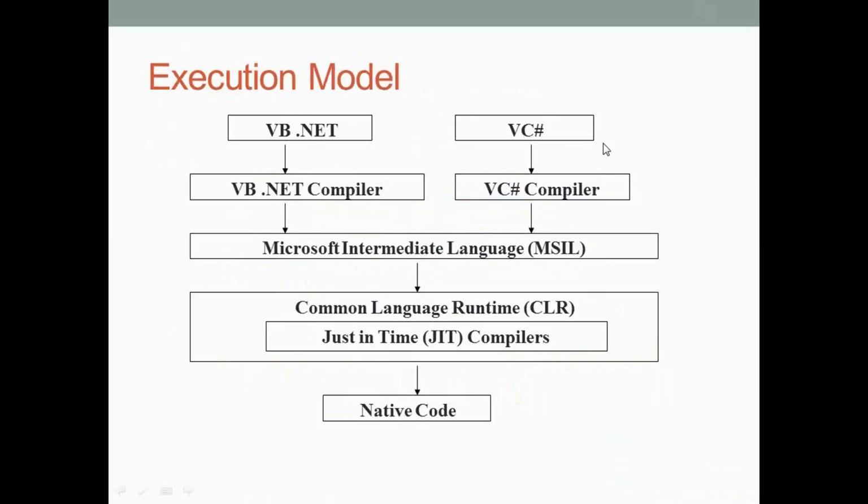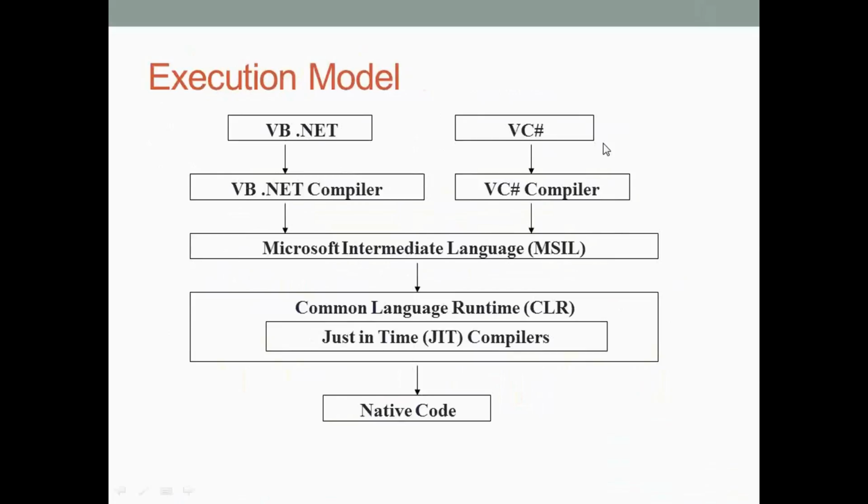Now coming to the next slide, how our application is executed in the .NET Framework is very important. The very first point is, when a developer writes code, this code is known as source code. This source code may be written in any of the programming languages supported by the .NET Framework, like VB.NET or C#.